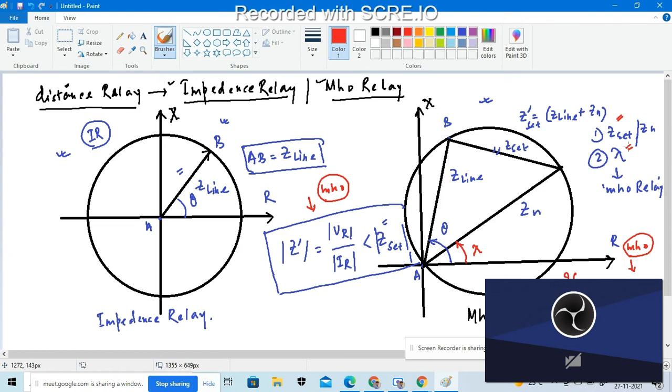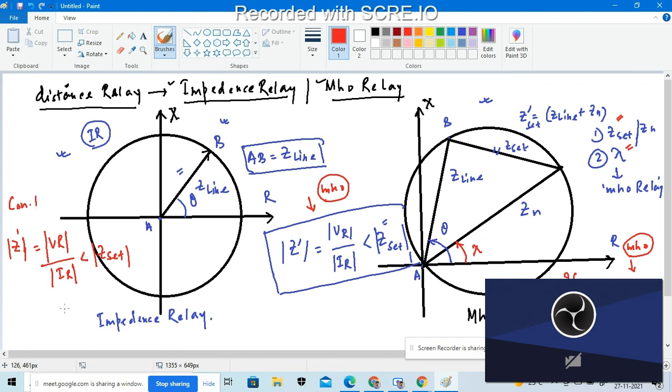The first: Z bar, that is V by R divided by I by R, is less than the value of Z set. So this is my condition 1.